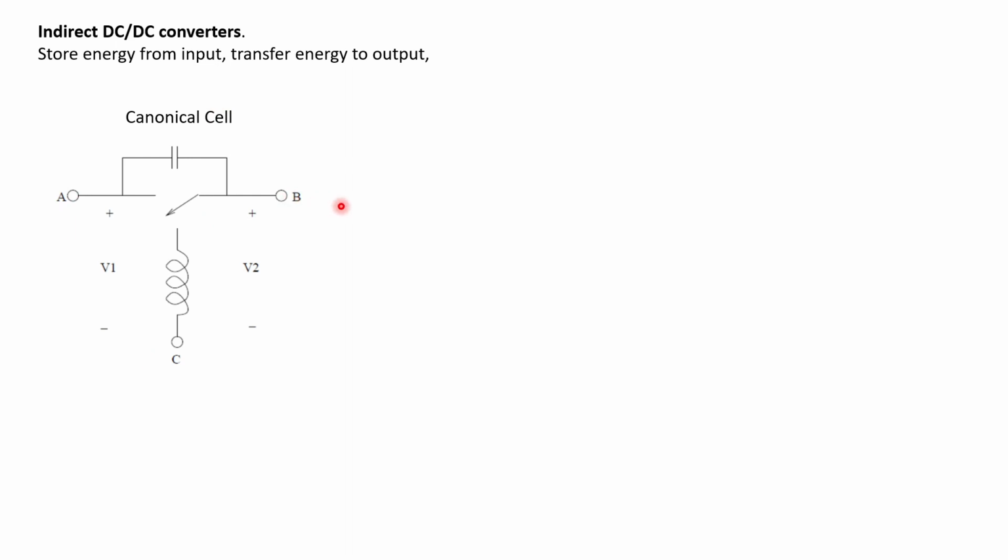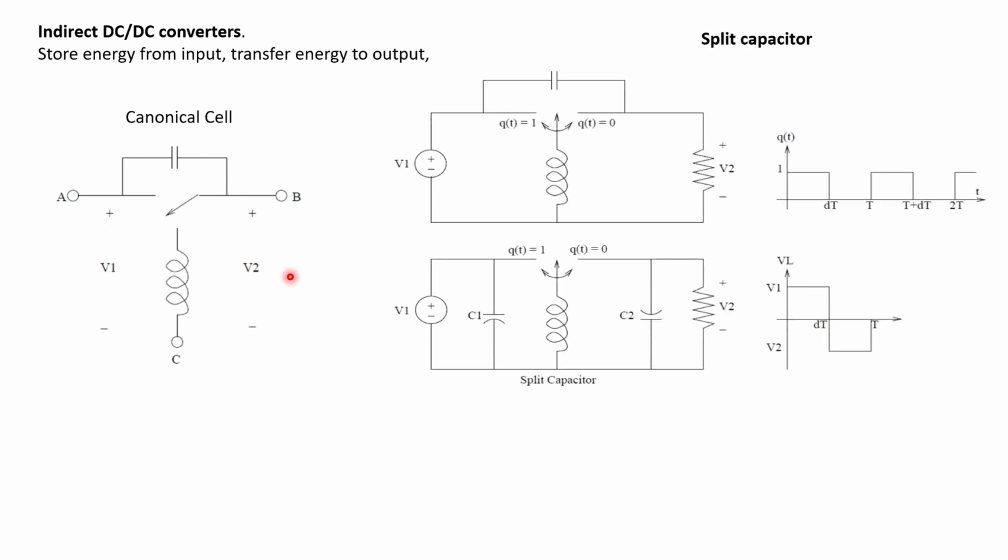For example, on the B side, you connect it to the load side, and A and C you connect to the source side. You can see here V1 and V2. And then for analysis, it's not easy to analyze the circuit in this format, so we can approximate it to be this way, because the function of the capacitor is to regulate current and voltage of the output, whether in this configuration or this configuration, right?